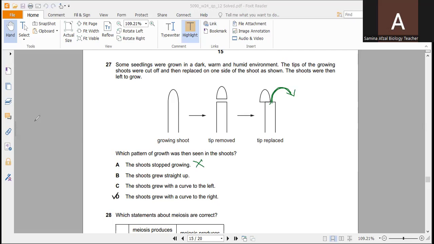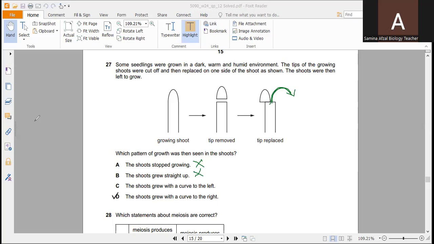They will not grow straight up, because when the tip is cut and kept on one side, the growth substances are not evenly distributed. So they will not go straight. The shoots grew with a curve to the left.